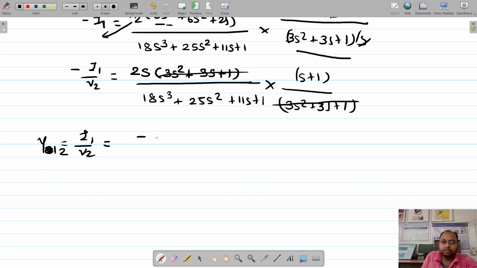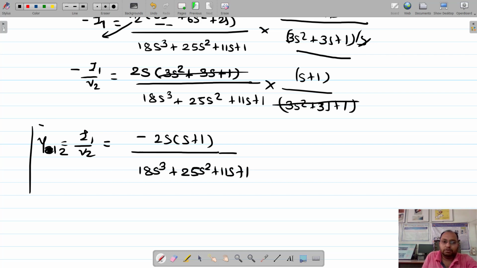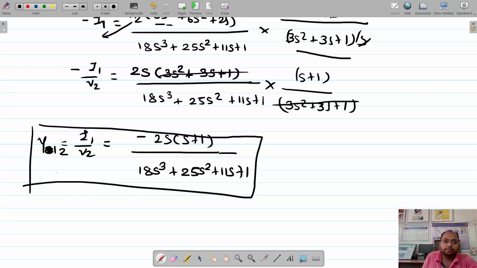So minus 2s into the bracket (s plus 1) divided by (18s cube plus 25s square plus 11s plus 1). This is nothing but your last term. Likewise, you can find out the y parameters for the given RLC network. Is that fine? Okay, we'll stop over here and continue in the next lecture.